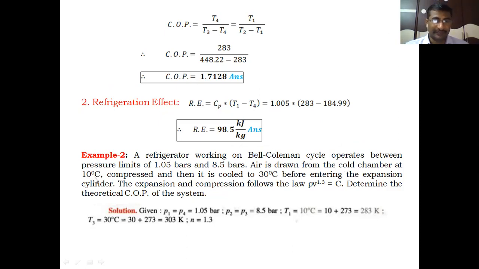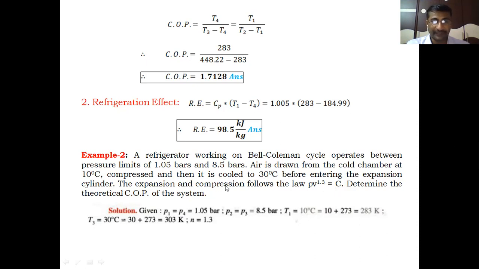The compressor draws the air at 10 degrees centigrade, compresses it, and then it is cooled to 30 degrees centigrade before entering the expansion cylinder. The temperature of air before the turbine or expander, after the cooling process in the air cooler, is 30 degrees centigrade. Clear?